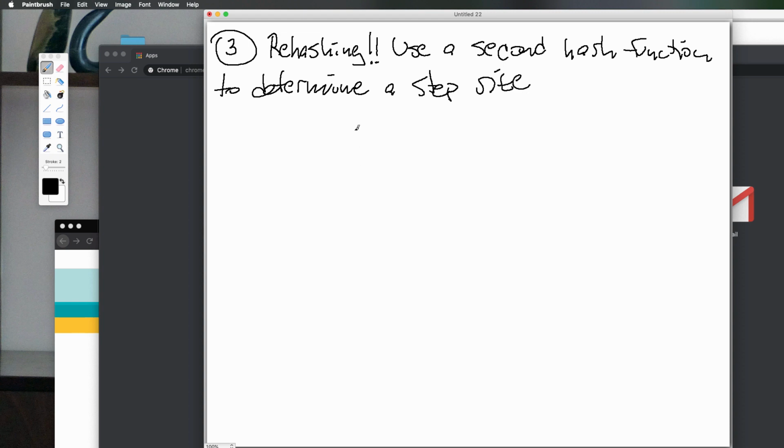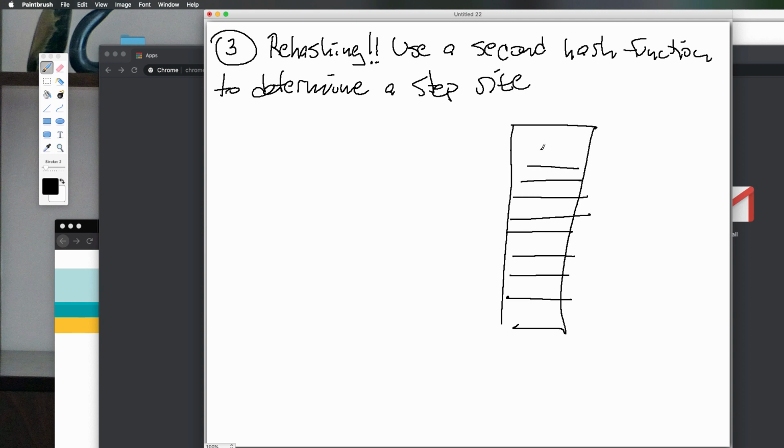So the idea here is the following. Look at what we've done until now when we had linear resolution. If f of key 2 was equal to f of key 1, then key 1 would go over here, f of key 2 would go over here, and we'd see that it was occupied.